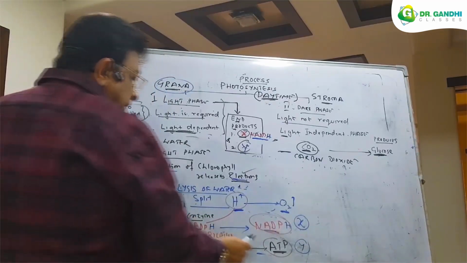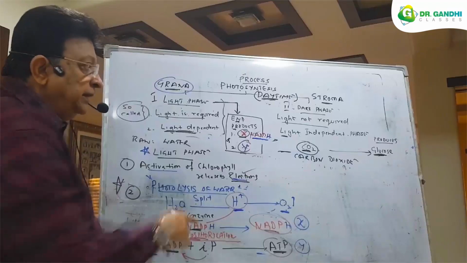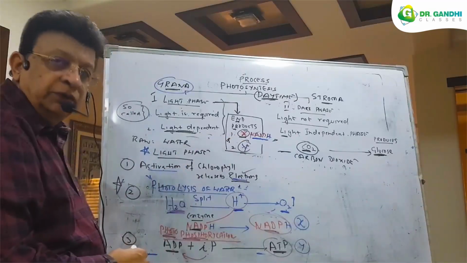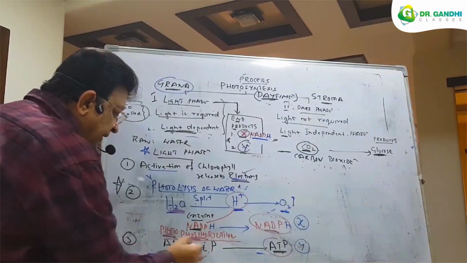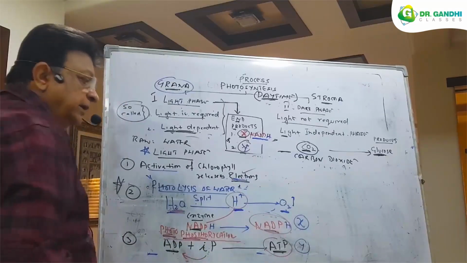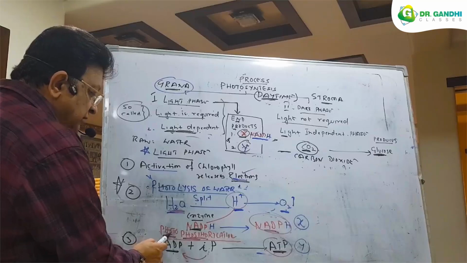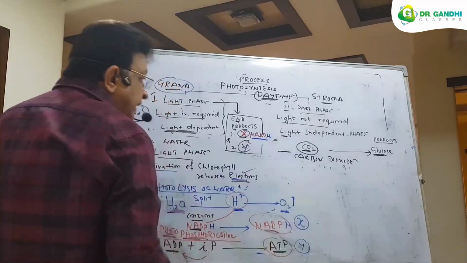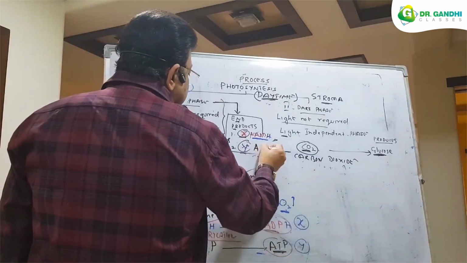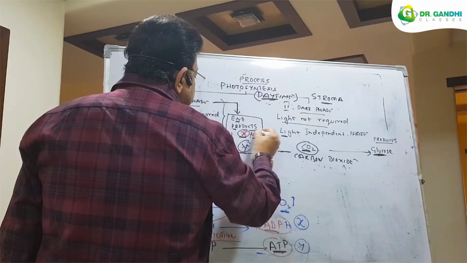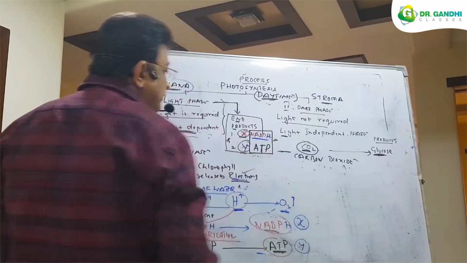Next, for creating ATP to synthesize glucose, I combined inorganic phosphate to ADP to form ATP, in the presence of light, known as photophosphorylation. I got the second one, ATP. So these then are the end products of light phase.